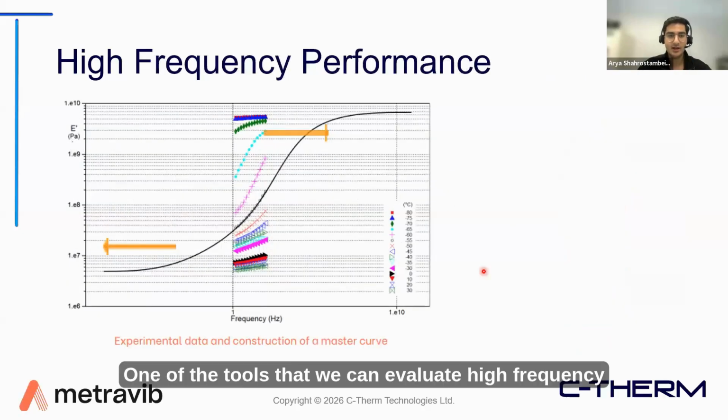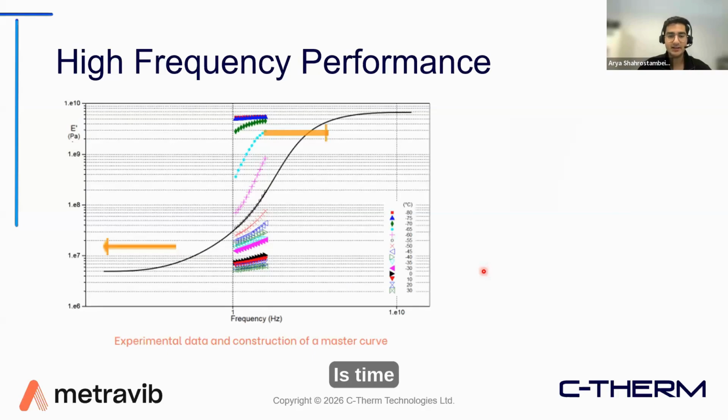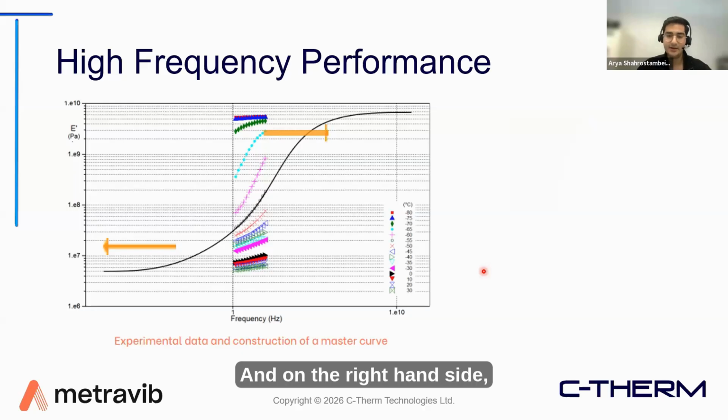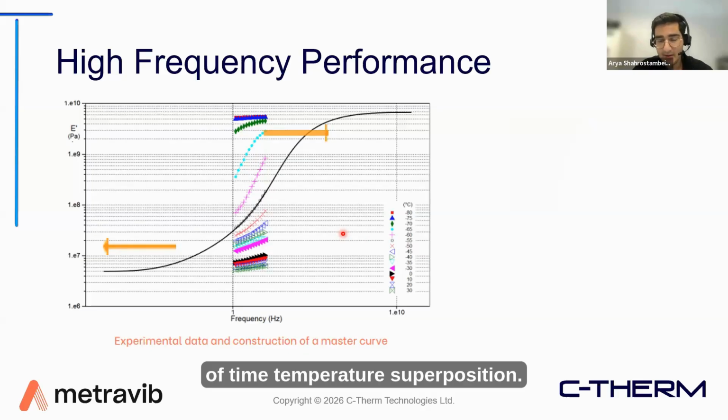to the next slide, one of the tools that we can use to evaluate high frequency performance is time temperature superposition. On the right-hand side, as we can see, there are the Boltzmann principles of time temperature superposition.